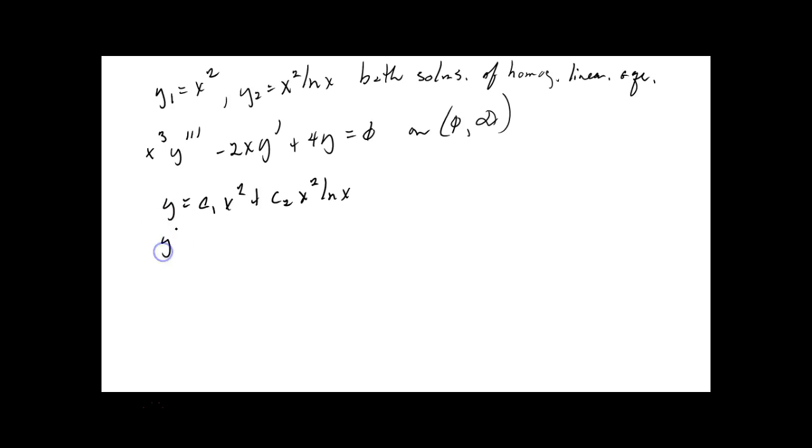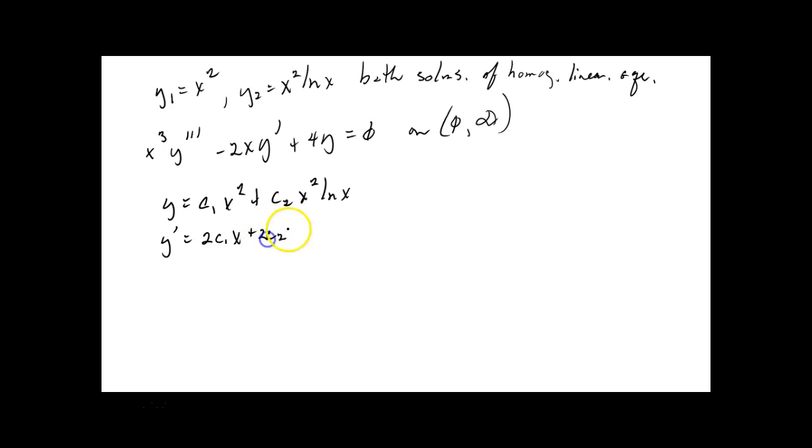Let's take y prime. That's equal to 2c1x, plus c2, and this is a product rule. How do we do the product rule? The derivative of the first times the second.